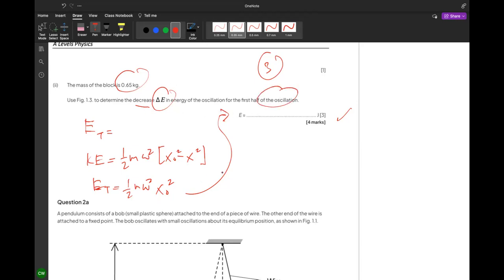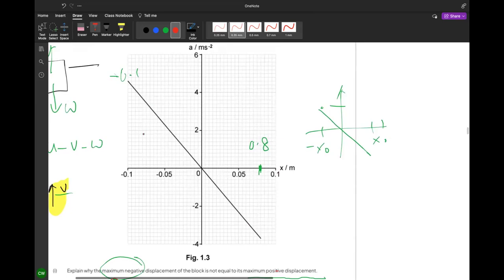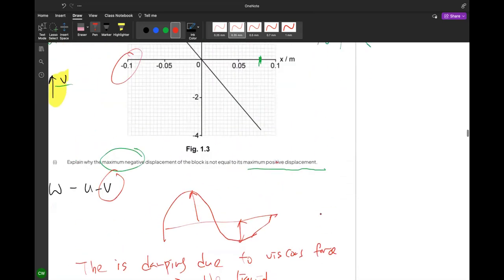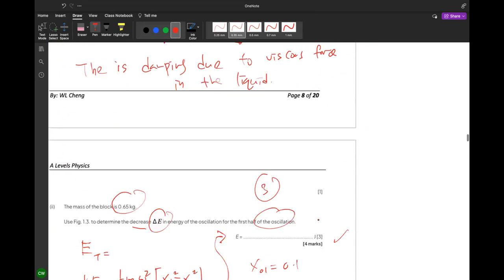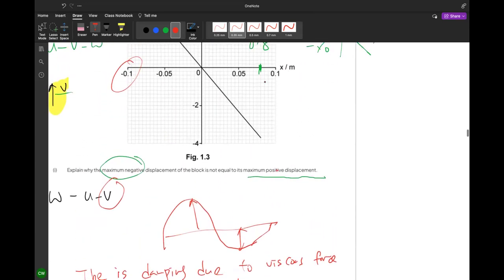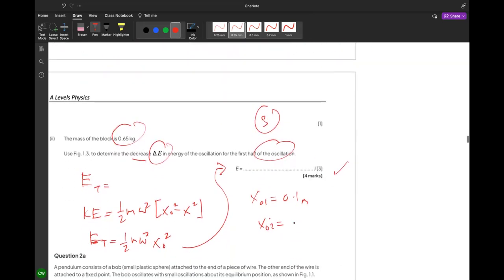So they are having different amplitude. So amplitude 1 before damping, 0.1 meter. After damping, 0.08 meter.